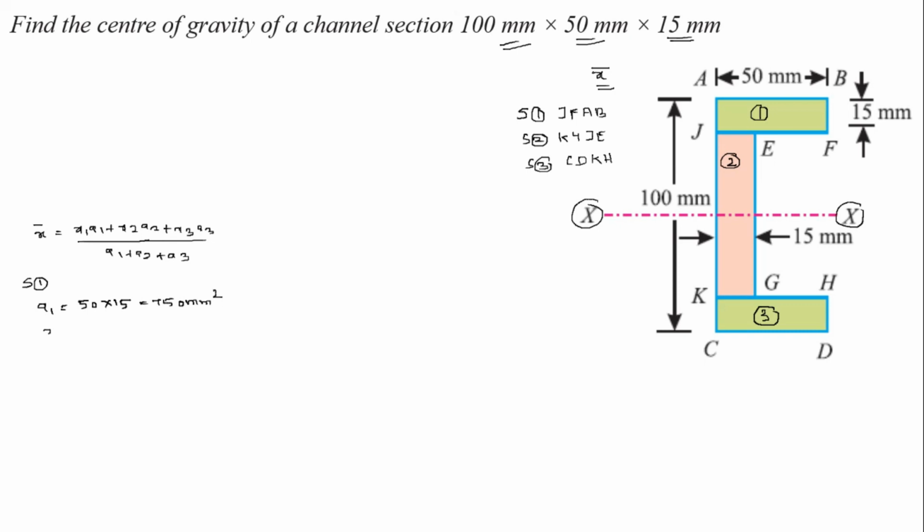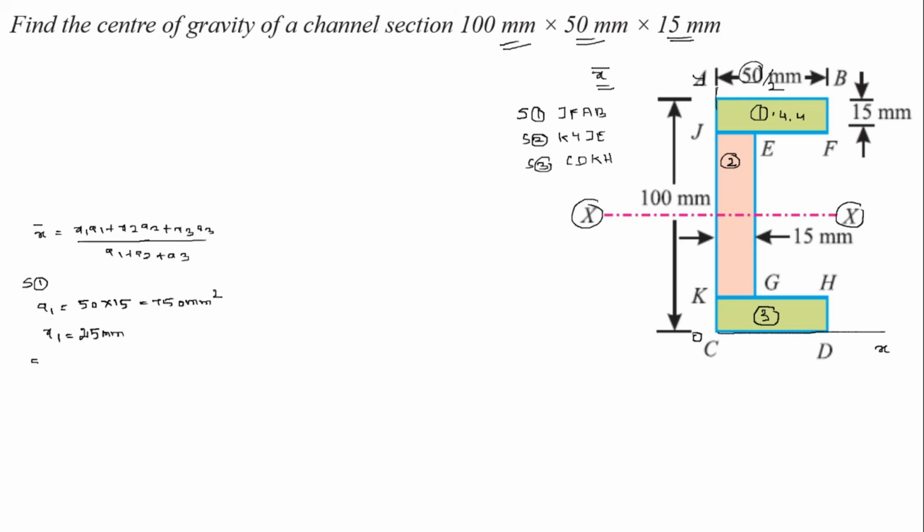Similarly, x1: first we have to draw the axis. This is O, this is x and this is y. Section 1 from O, this is the CG of this section. So what is the distance? 50 divided by 2, which is equal to 25 mm.